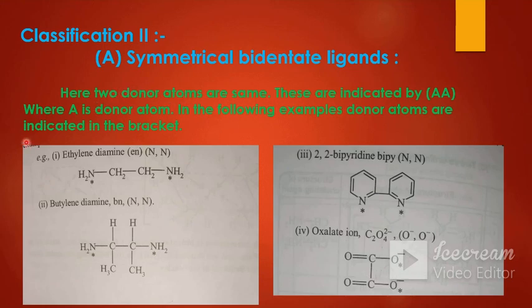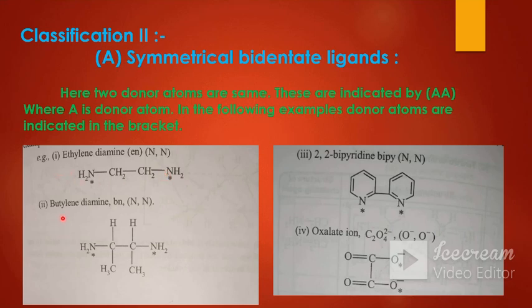Here donor atoms are two, the same donor atoms, indicated by AA. For example, ethylene diamine, en, NN, that is NH2 CH2 CH2 NH2.